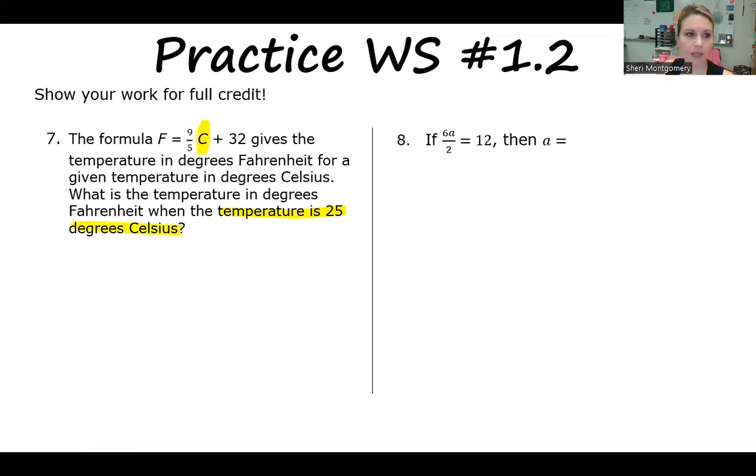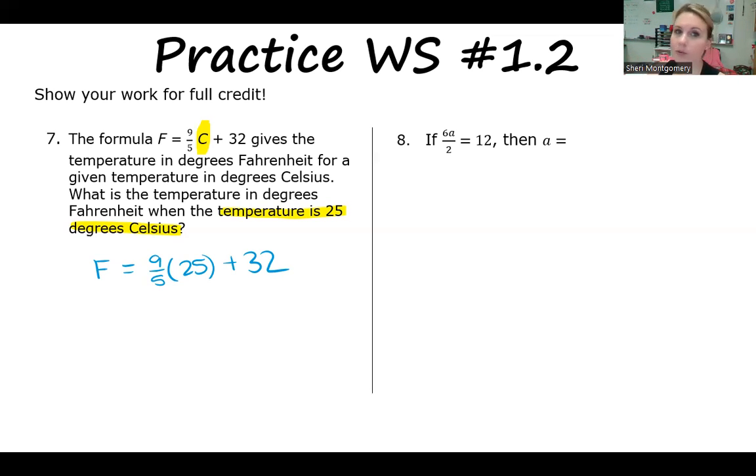That means we're going to plug something in there for the Celsius. So the temperature is equal to 9/5 times 25 plus 32. This is multiplying by a fraction. I don't know if that's the reason why you struggled, but we're going to do it again.